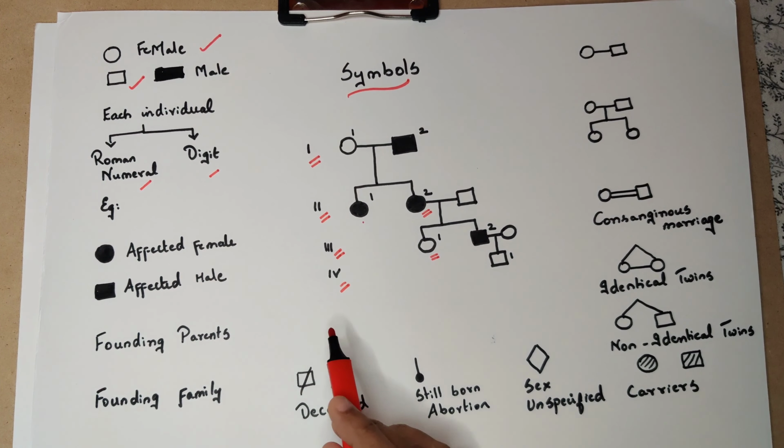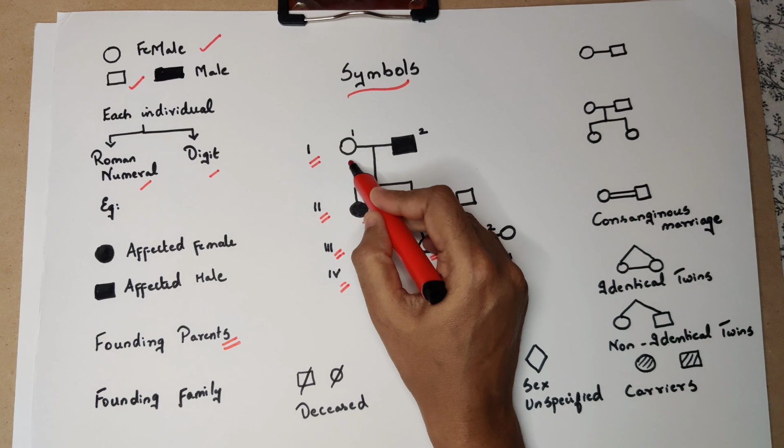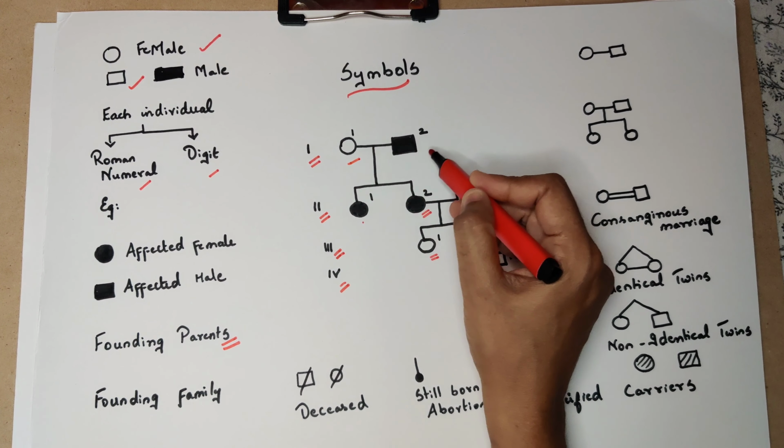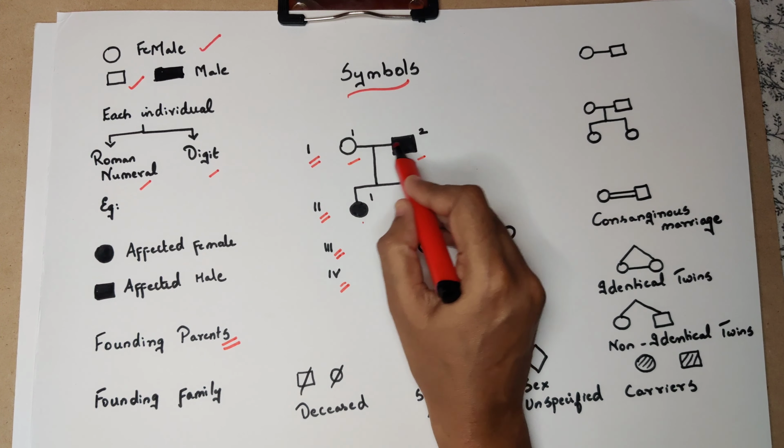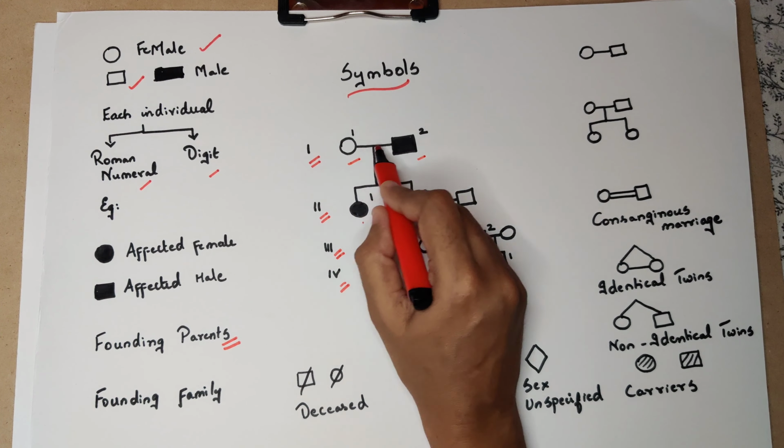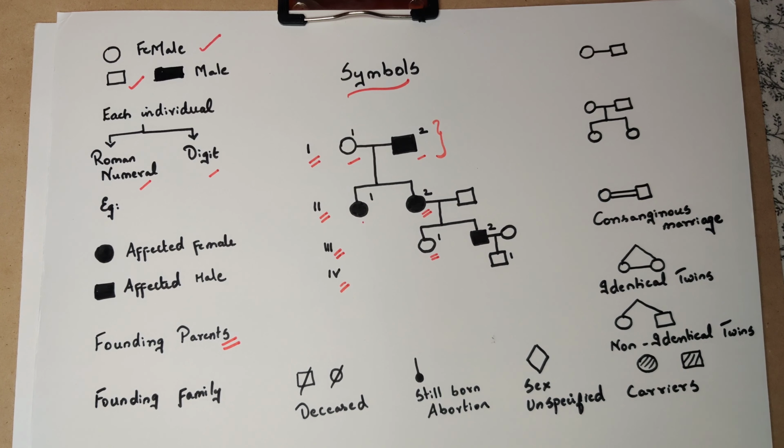Now, if you go to this particular term called founding parents, these are the founding parents here. Generation 1, a male and a female, together they start a family. So these 2 individuals are called the founding parents. Next one, founding family.